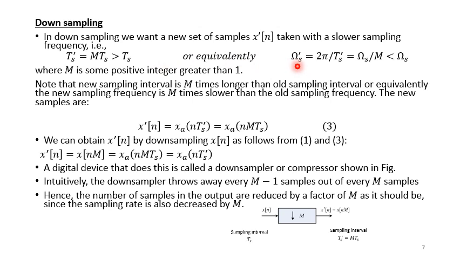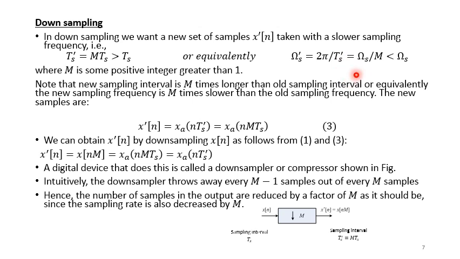In terms of frequency, we can write that omega's prime equals 2 pi by T's, right? That's the standard relationship. You understand that omega s times T equals 2 pi, or omega s equals 2 pi by T. So if prime is here, prime is also here.